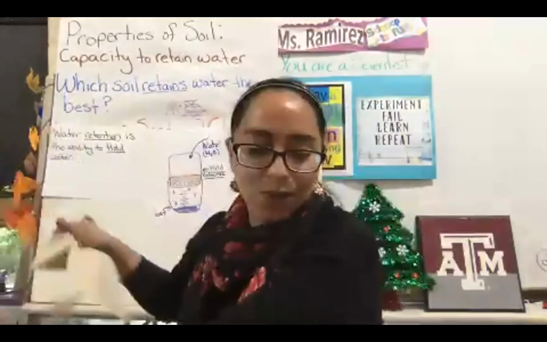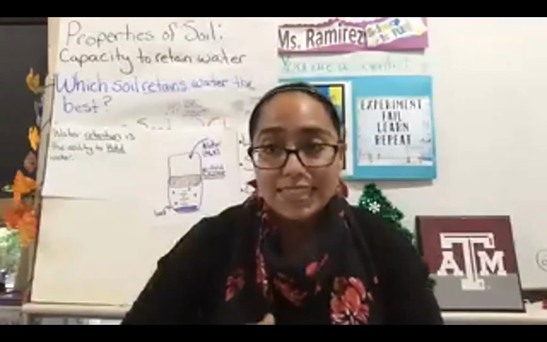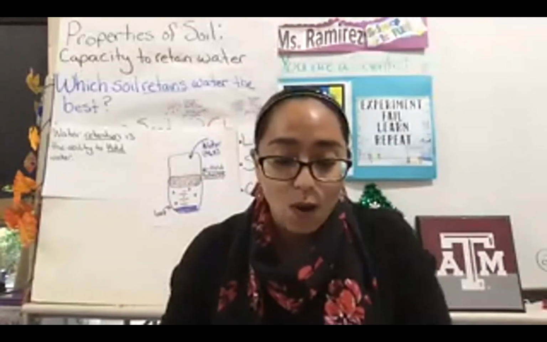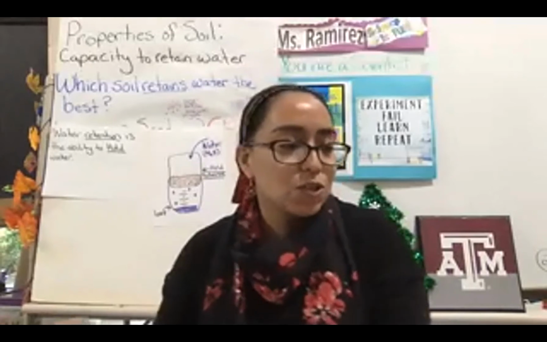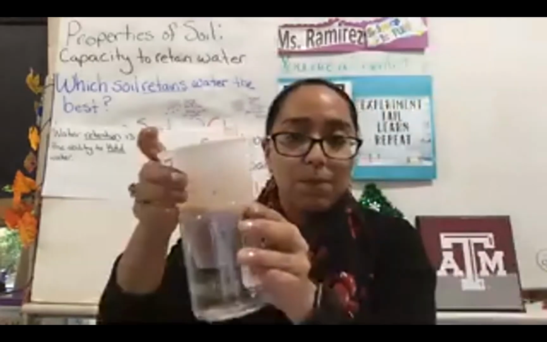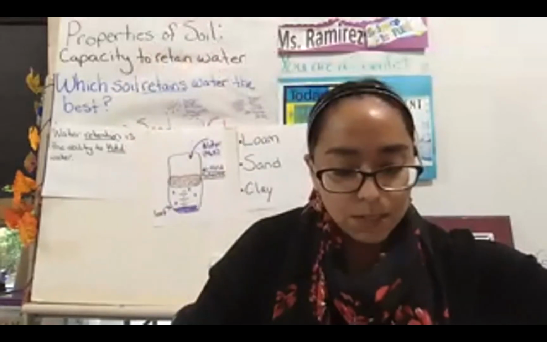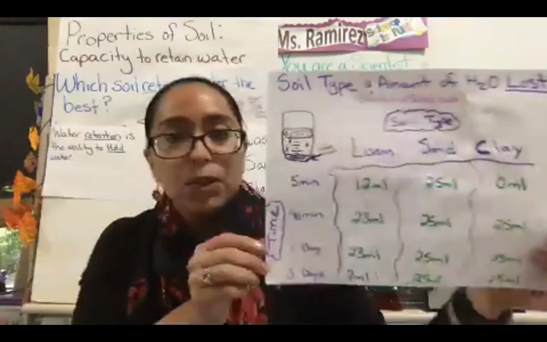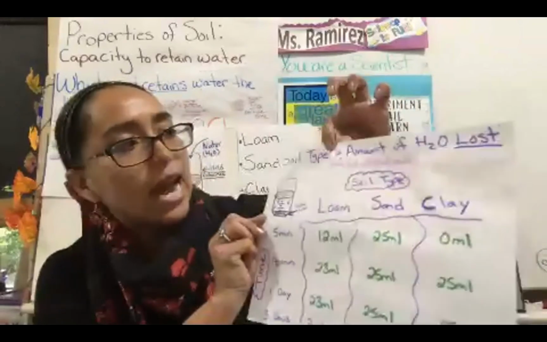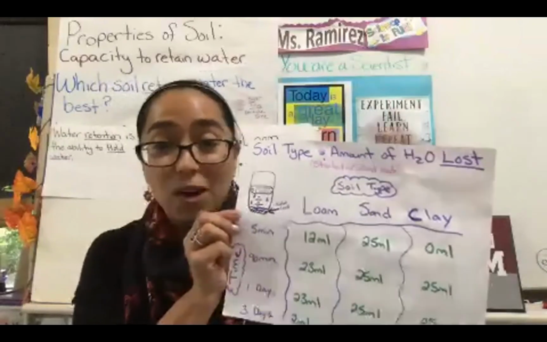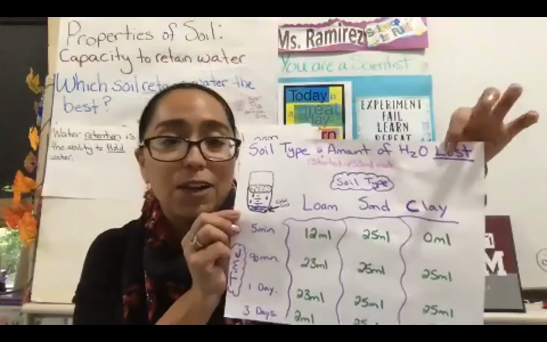The next thing that we're going to do is you can actually repeat the same experiment at home or at school. Again, it was super easy to just take a cup and poke holes at the bottom and then drop water in it. And something you can do is create your own table or your own chart. So this is soil type and amount of water loss. So I did water loss, but you could do the amount of water retained.